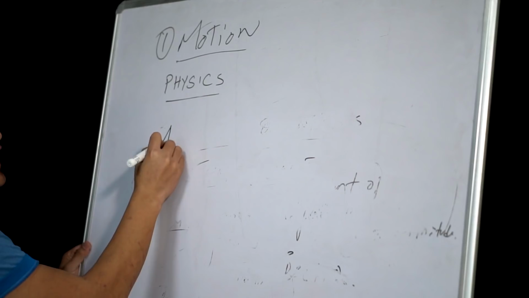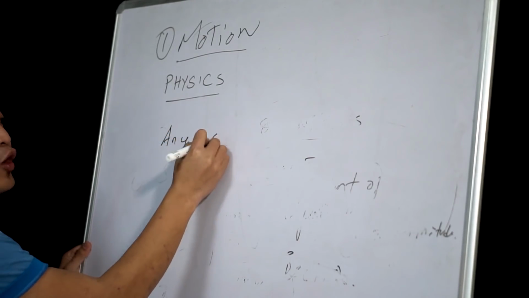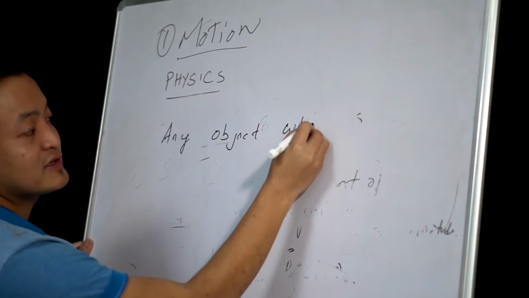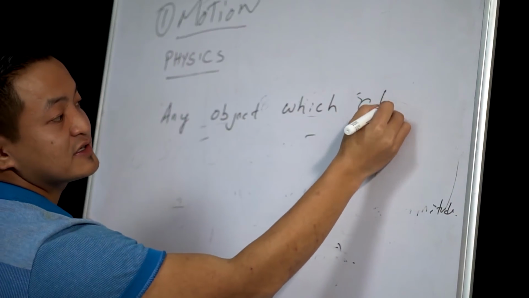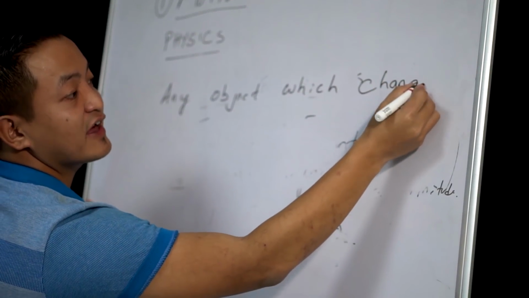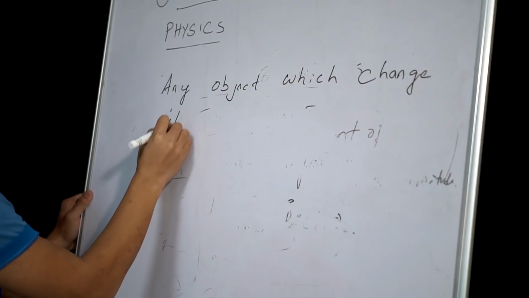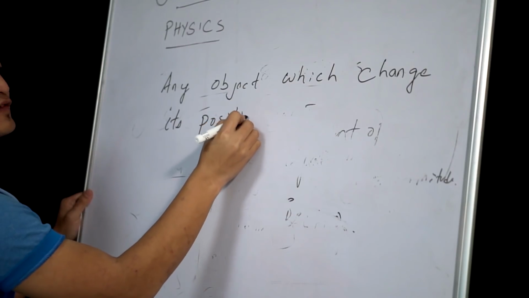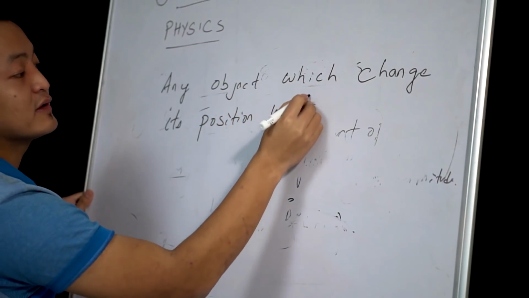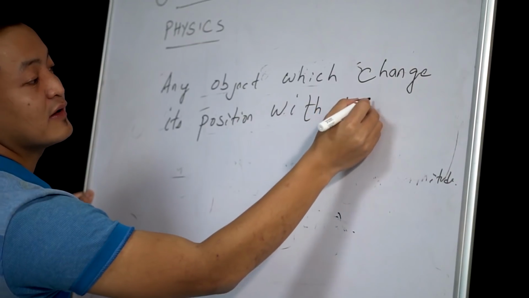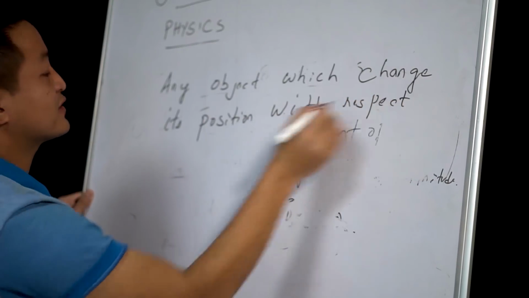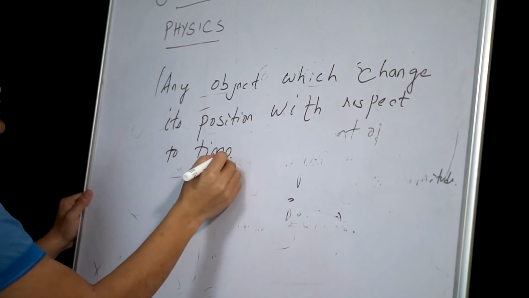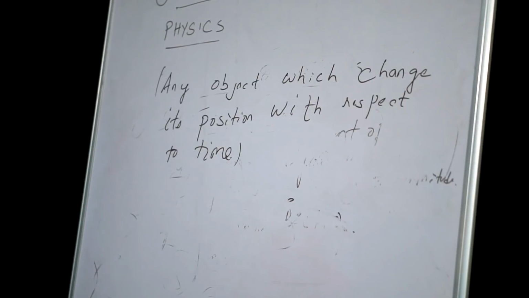So motion is any object which changes its position with respect to time. So this is the definition of motion.